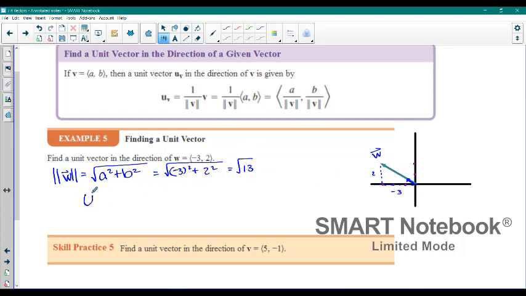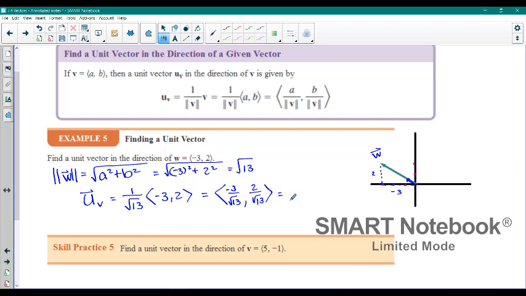So if I'm finding a unit vector, then I want to multiply by 1 over the square root of 13 times my original vector, because I want it to go in the same direction. I just want it to have a length of 1. So when I multiply by this scalar, I get negative 3 over the square root of 13, 2 over the square root of 13.